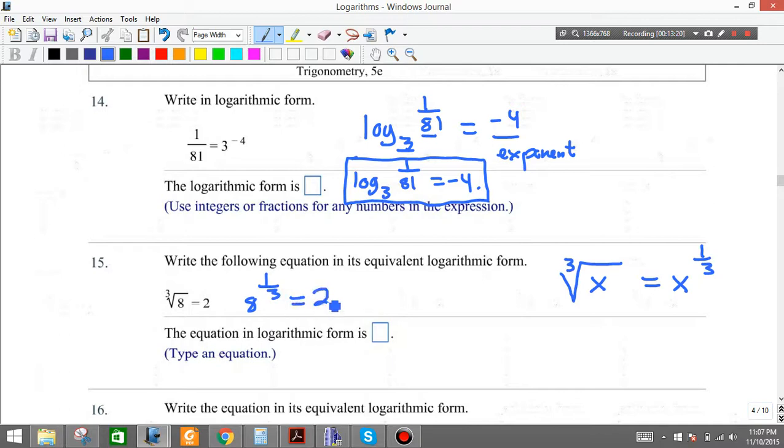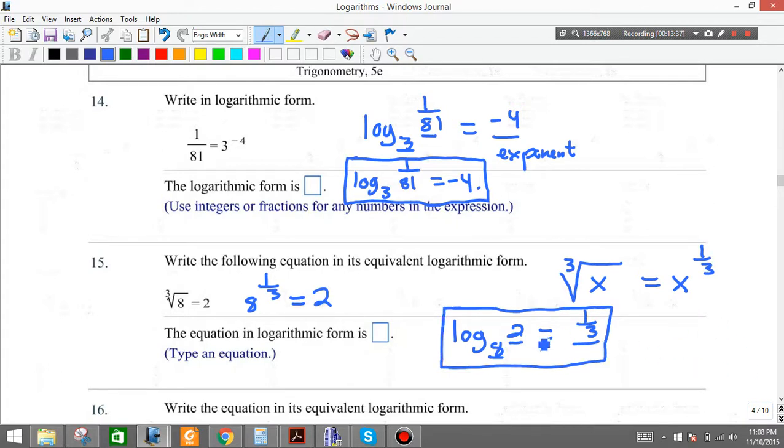And when we write it this way, then it's easy to fill in these blanks. The exponent goes here, it's 1/3. The base is 8, and 2 goes here, and that's the answer. And by the way, you can always check because it's supposed to be 8 to the 1/3 equals 2. And that's exactly what that's saying.